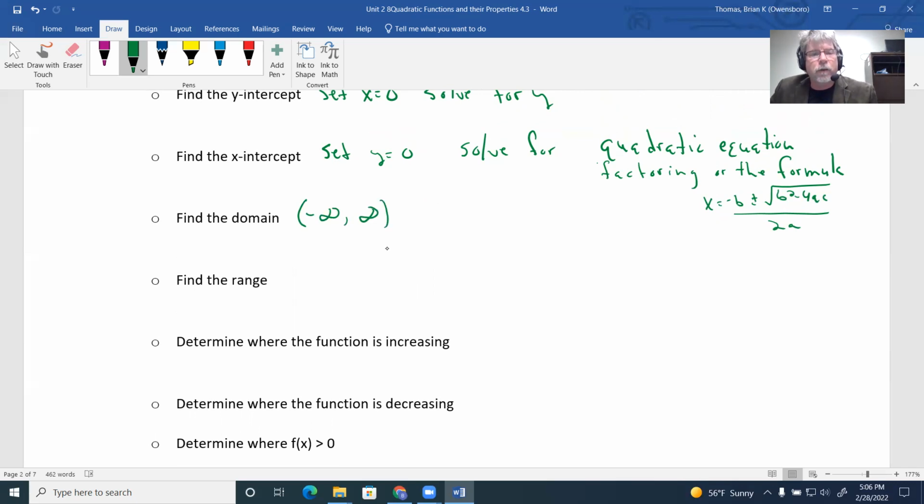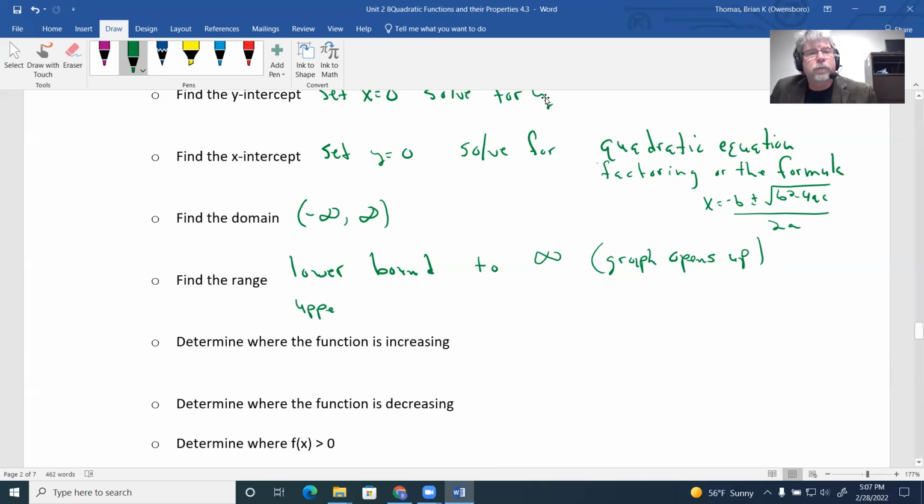But the range, remember, is going to be the lower bound to infinity if the graph opens up, because that would be a minimum.